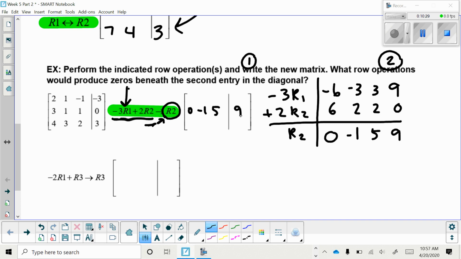It was just to eliminate the x. So row 1 is going to stay the same. That's a very important distinction. We did math to row 1, but it was not a permanent change. It was temporary. The only thing that permanently changed was row 2. And then row 3 is the same as well.